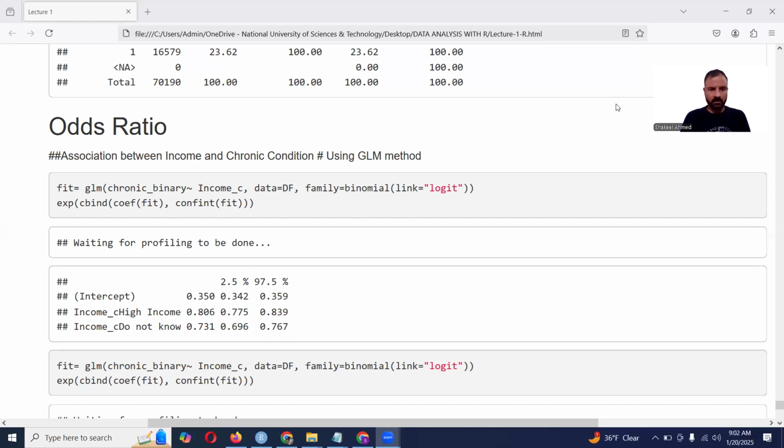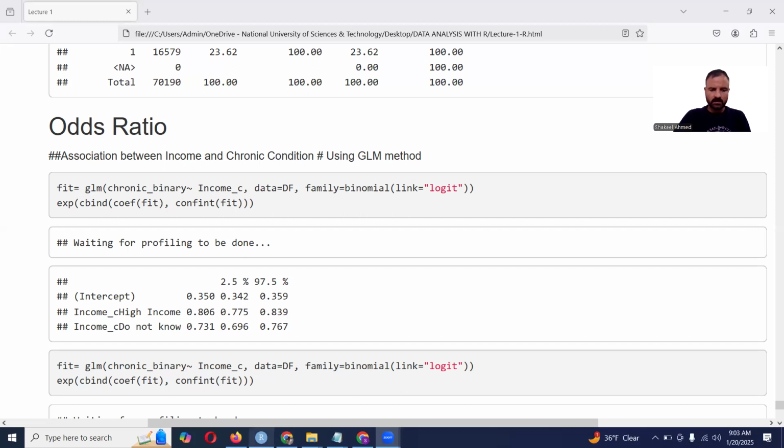On the other hand, it might be that dieting habits are associated with income, and that can be associated with chronic condition. So in this example, I will just show how we can find the odds ratio between income and chronic condition.